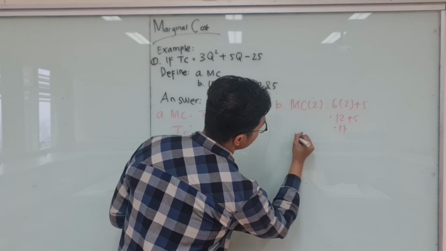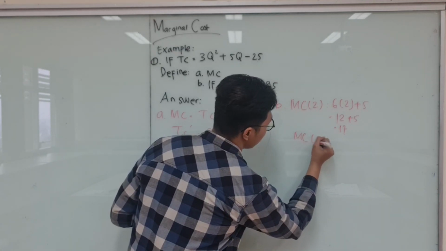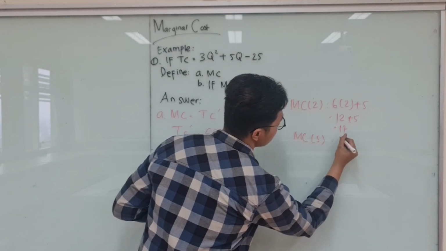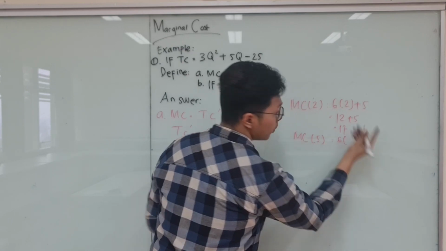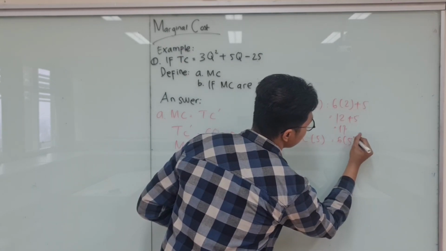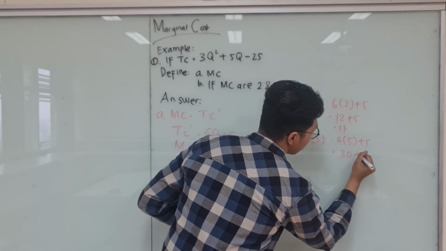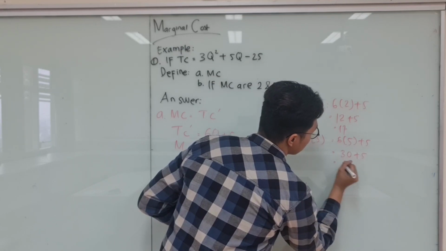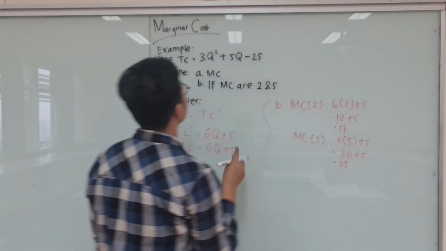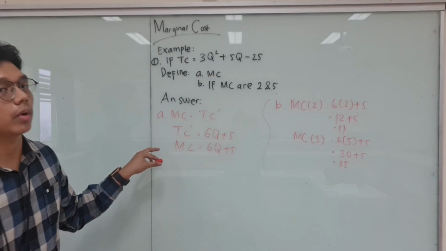And the second one, if Q is 5, we substitute 5 for Q: 6 times 5 plus 5, 30 plus 5 equals 35. So that's the answer to question number 1.